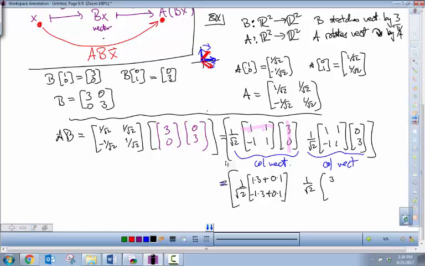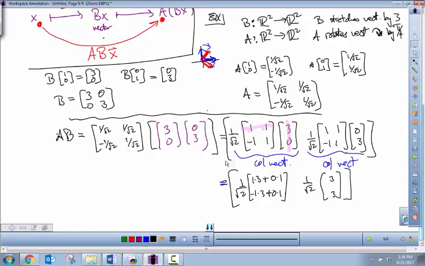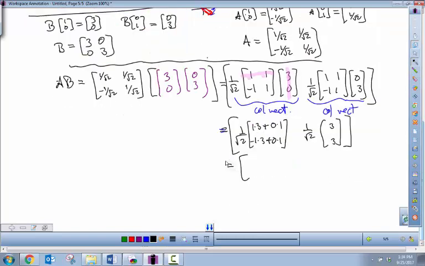I'll just put the answer 3 and then 3. So then we get 3 times 1 over root 2, 3 times 1 over root 2, negative 3 times 1 over root 2, and 1 over root 2 times 3. So this is your product of two matrices.